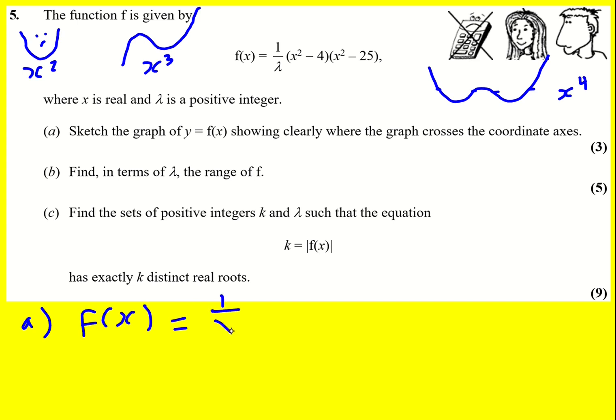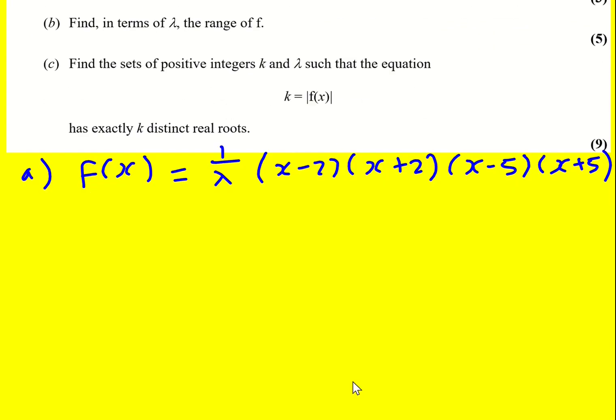It's going to be 1 over lambda, and then we've got 2 lots of a difference of 2 squares. x minus 2, x plus 2, x minus 5, x plus 5. So we're going to have just roughly like minus 5 and 2, and then 2 and 5.